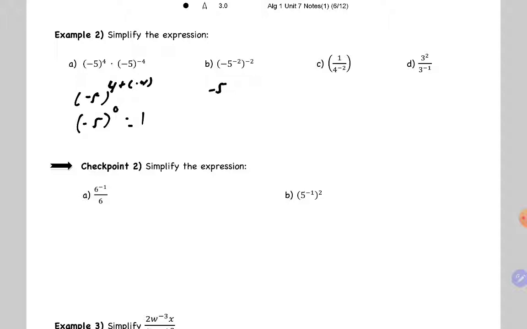Next, negative 5 to the negative second to the negative second. So this is negative 2 times negative 2, which is negative 5 to the positive 4, which will give us 5 times 5 is 25, times another 5 is 125, times another 5 is 625.